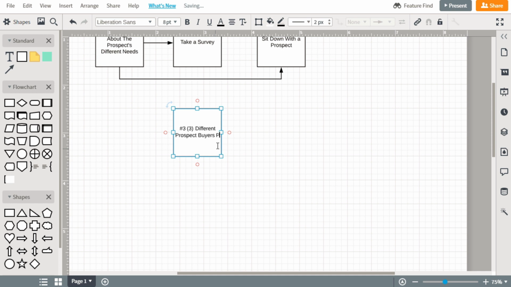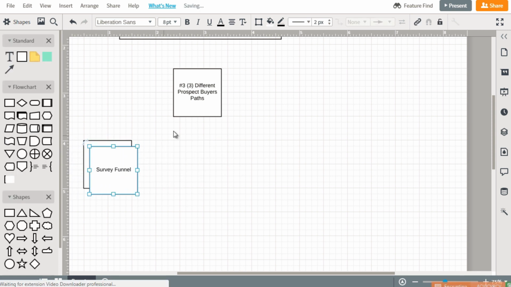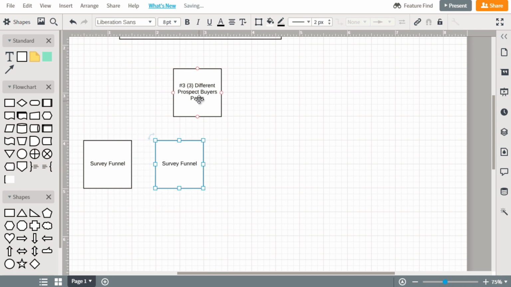And we'll call these pathways or paths. So there are 3 different paths. So here is where we start the funnel. So we'll call this the survey funnel. And there are going to be 3 different paths.